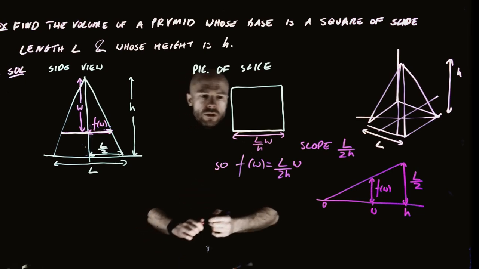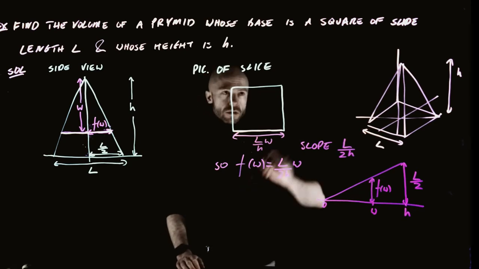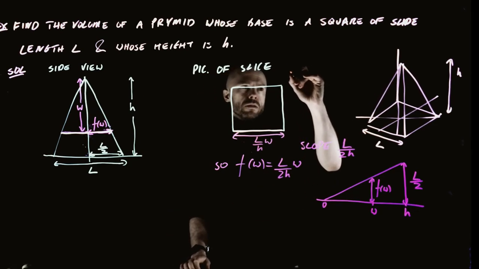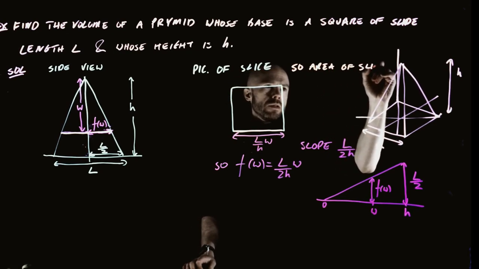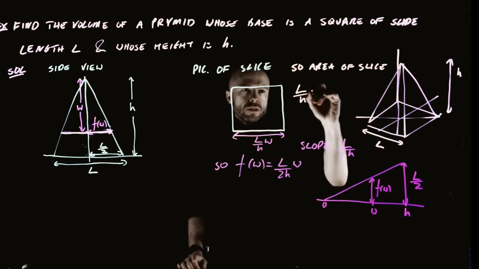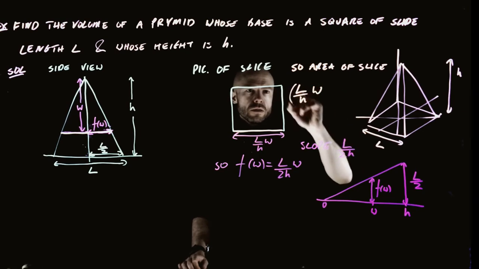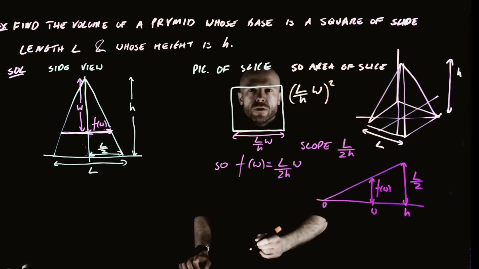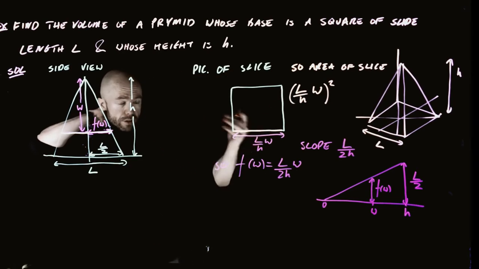Cool. So the area of the slice is this thing squared, right? It's L over h times w, squared. Cool. So we just have to integrate this.